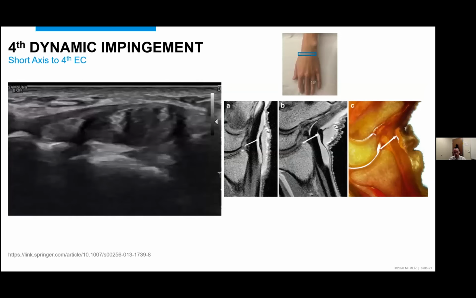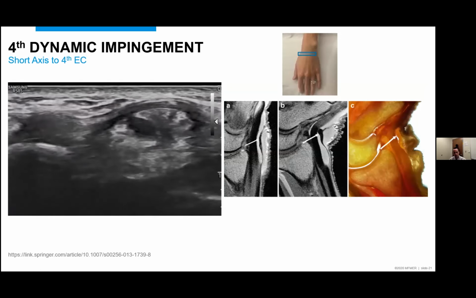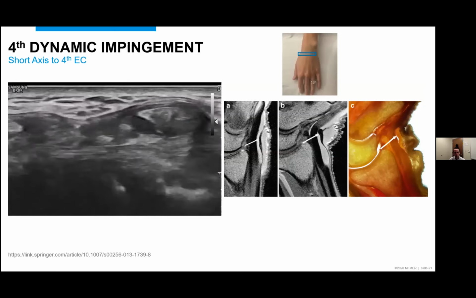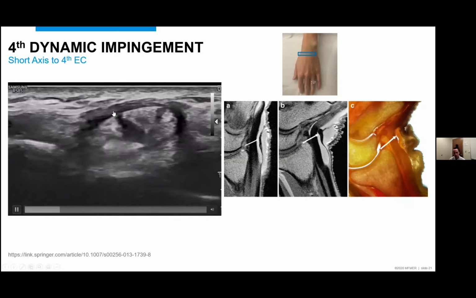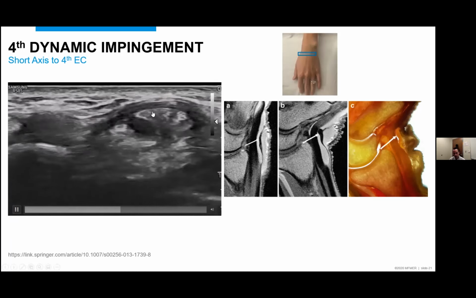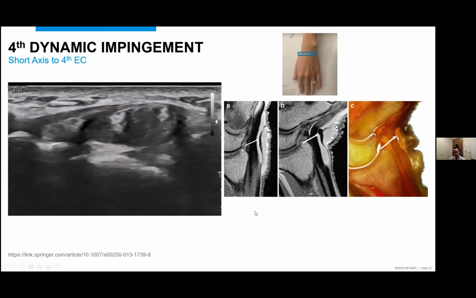So you're looking for fluid bunching, hyperemia, abnormal thickening of the retinaculum or the tendons themselves. So I scan a little bit past the radiocarpal joint and have the patient extend and flex their wrist, looking at the extensor retinaculum, looking for signs of bunching or fluid going between the two, or any other abnormalities or defects in the retinaculum itself.